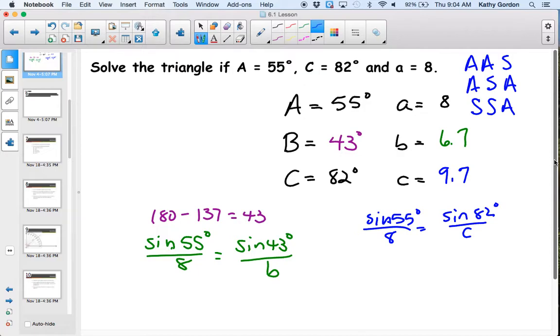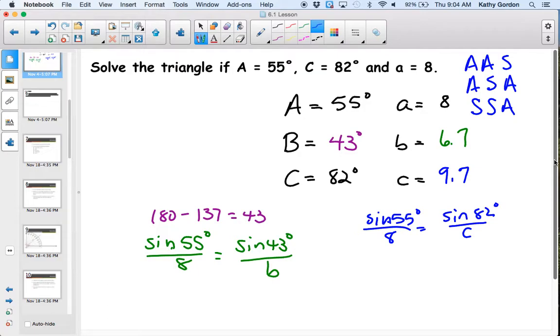And yes, we call it the SSA because this is a Christian school and we're good boys and girls. So when you were dealing with congruence, SSA was not allowed. That was not a way to tell whether your triangles were going to be congruent or not. But when we're talking about solving triangles, SSA is a possible combination of information you might get.